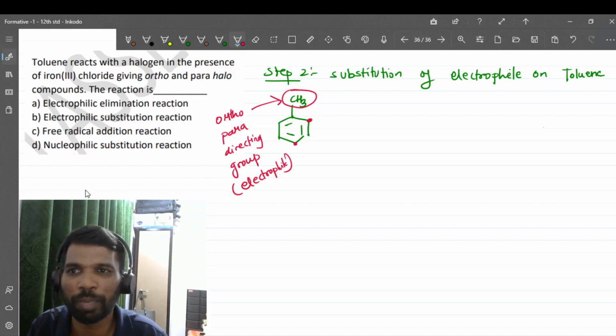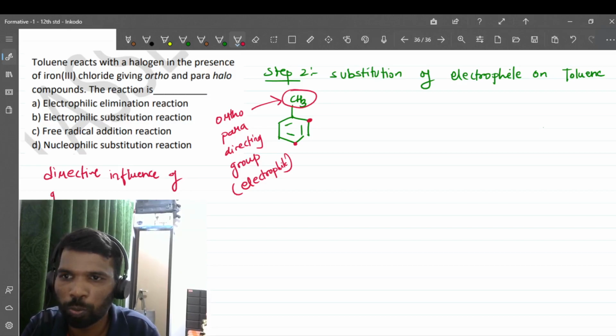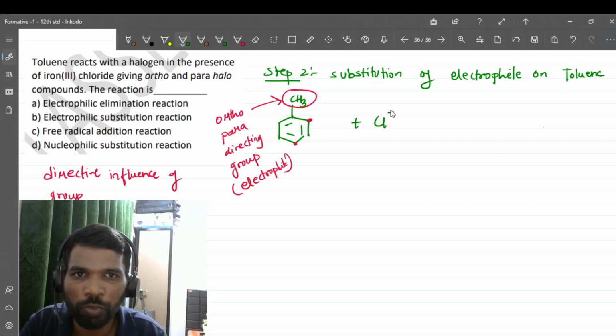I'll just make a note over here. It is a directive influence of groups, on substitution of the electrophile on benzene. So the incoming electrophile, the chlorine plus, will go either here or here.